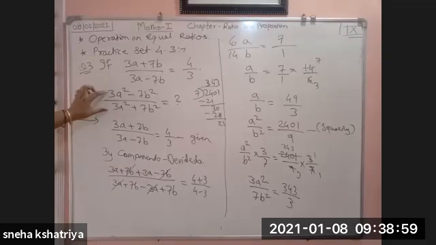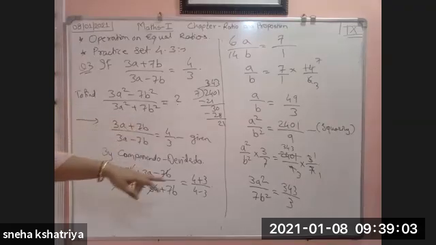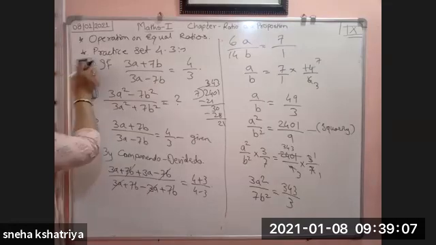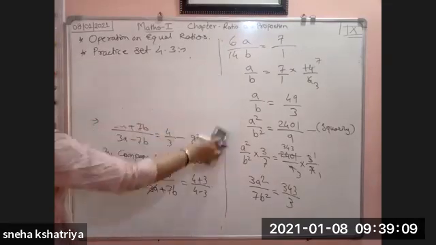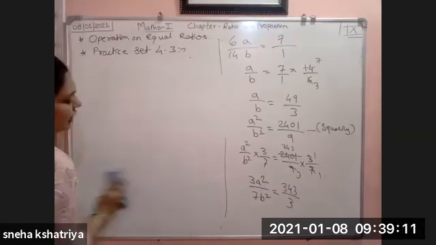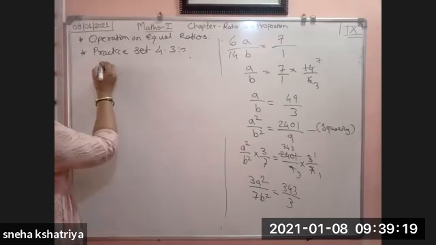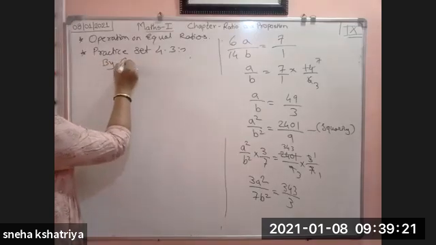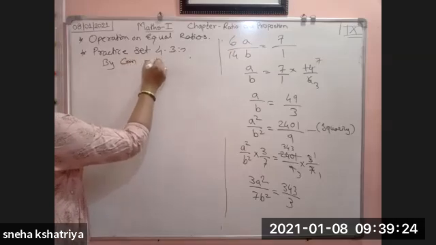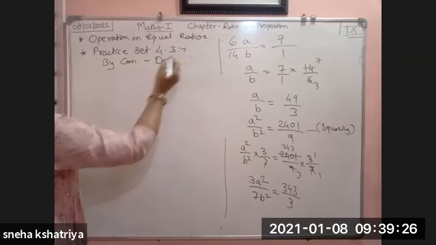We get what we want, 3a square minus 7b square, means again we have to use componendo and dividendo. This expression you can find in your textbook page number 70, question number 3 we are going to do. Here we are going to use componendo dividendo. I will write in short. Okay.